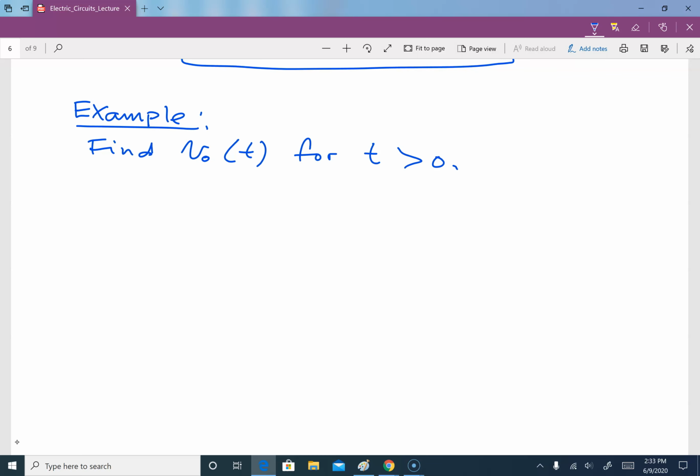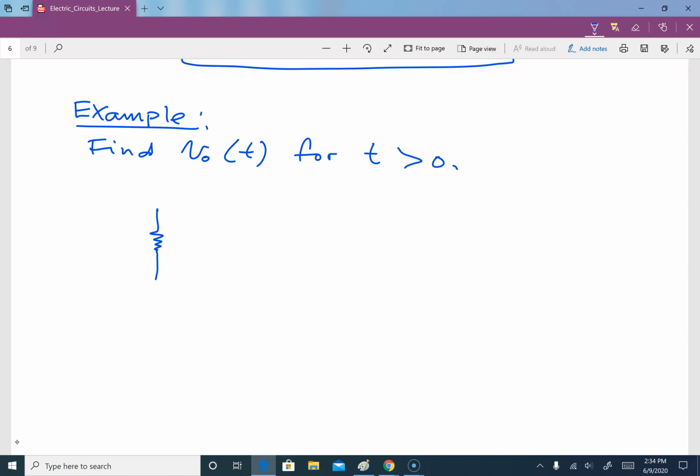Let's say that how we can deal with it when we have, let's say, a dependent source involved in the circuit. Let us go over an example here. So we would like to find V naught of t for t greater than 0. And this is our circuit here.